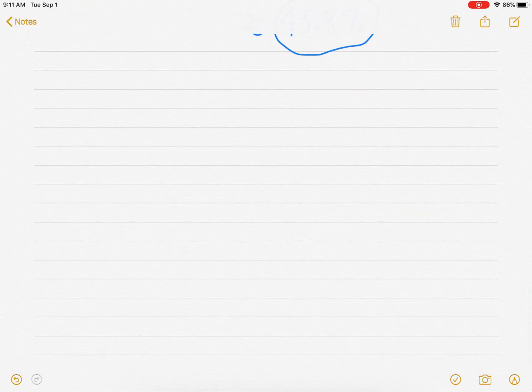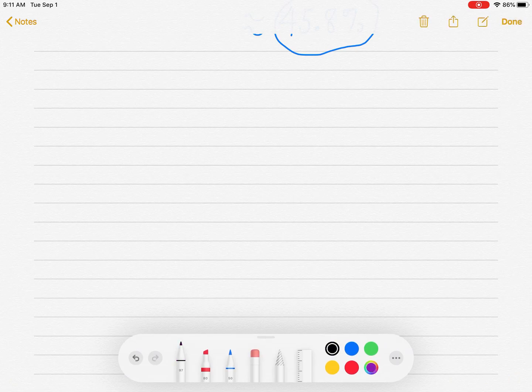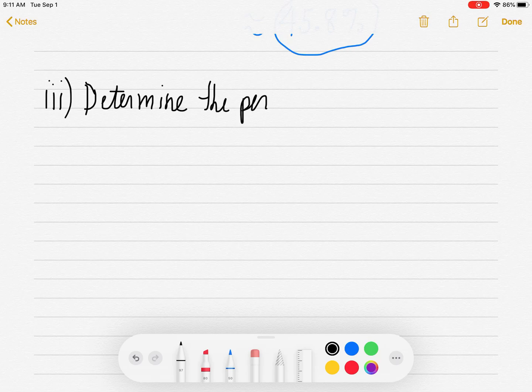Okay, just do one more just to make sure we got this good. Number 3. Determine the percentile rank of, let's do 90 miles per hour.